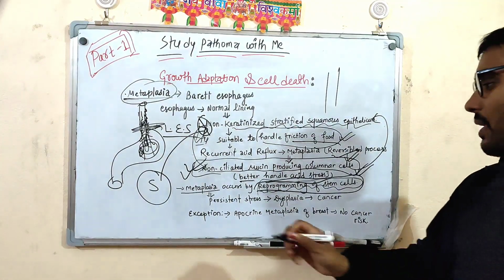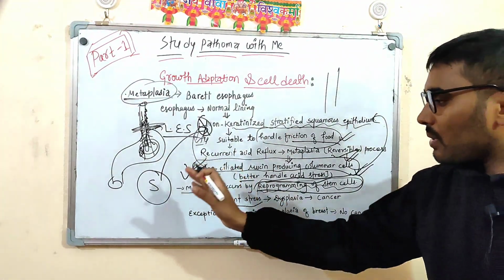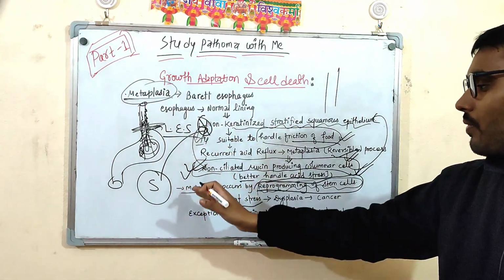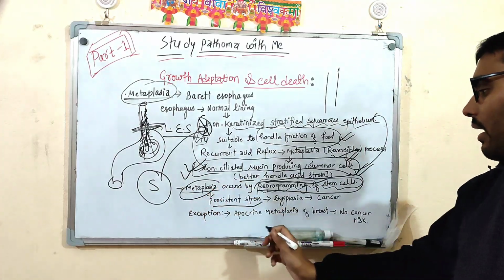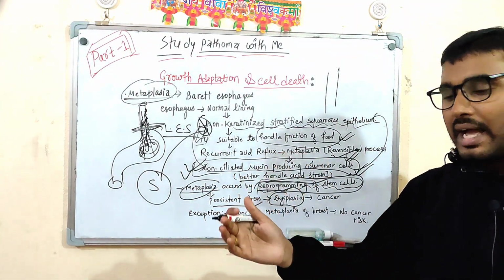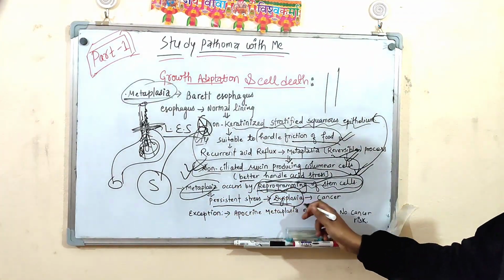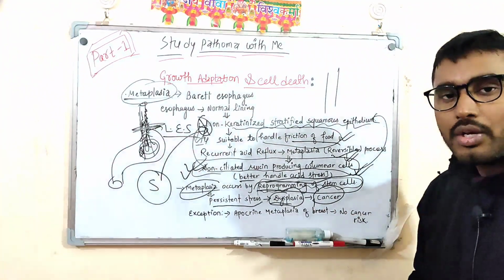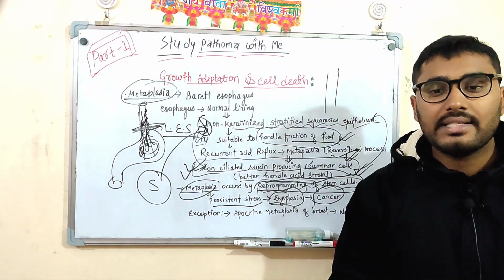Whenever there is persistent stress, a normal cell will first convert into metaplasia, and due to the metaplasia, like in hyperplasia, it can ultimately lead to dysplasia and also to carcinoma. So metaplasia is also known as a precancerous lesion, guys.